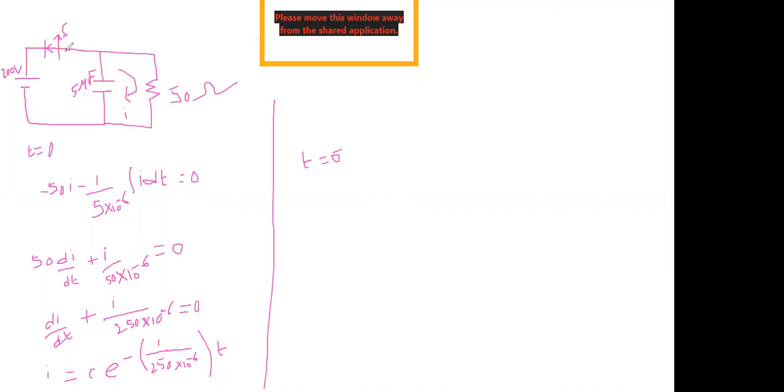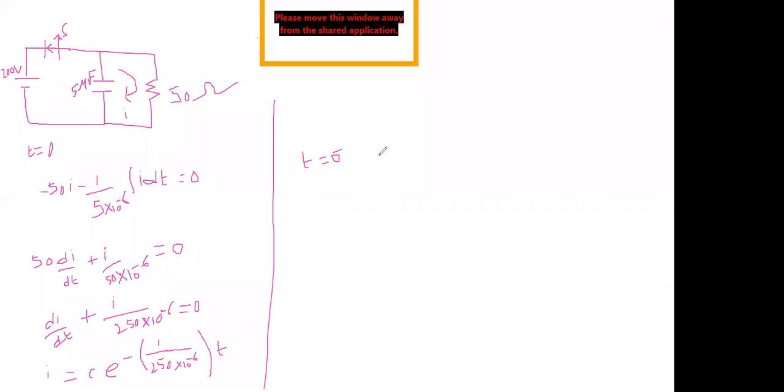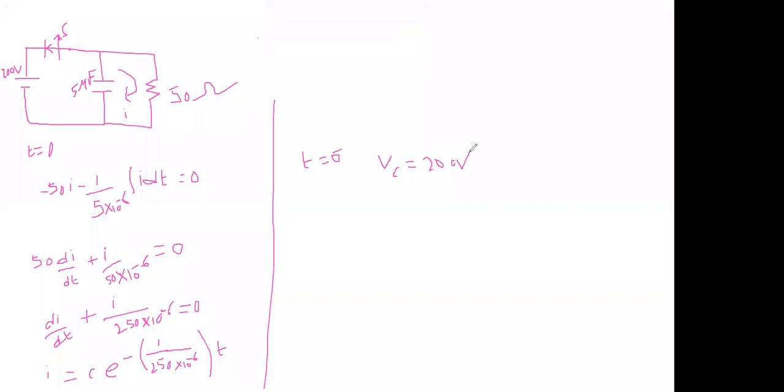Before the switch is opened, the capacitor is a storage element, and the switch was already closed previously. When the switch is suddenly opened, just before that instant, the voltage across the capacitor is the same voltage already stored, 200 volts.